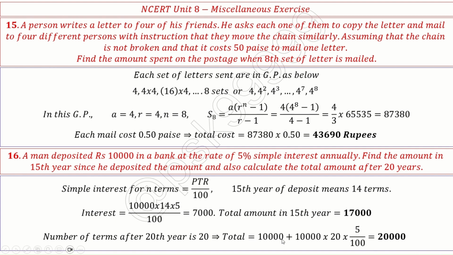So total is equal to 10,000 plus 10,000 into 20 into 5 by 100. Here it's not 14, it will be 20 now. In the 15th year it is 14, but after 20 years, the number of terms is 20. If you do this, you'll get 20,000. That's the answer. Be careful with the terms. Okay, next.